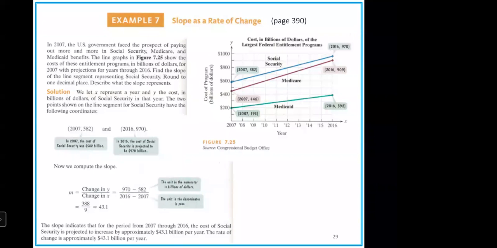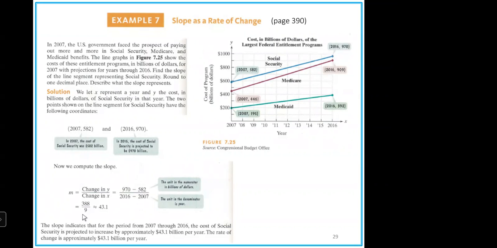So the solution says you write X to represent a year and Y the cost in billions of dollars of Social Security in that year. The 2 points shown on the line segment for Social Security have the following coordinates. In 2007, it was 582. In 2016, it was 970.